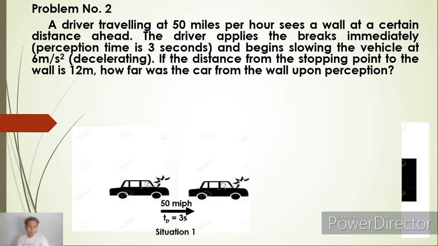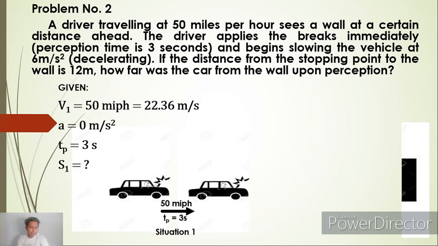Okay? For situation number 1, meron tayong given na V1 or the initial velocity of the car which is 50 miles per hour or equal to 22.36 meters per second. Acceleration is 0. Why 0? Kasi doon sa perception time niya, within 3 seconds, hindi pa siya nakapag-brake.